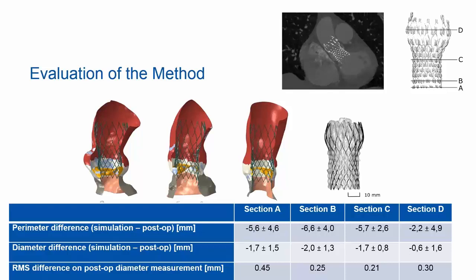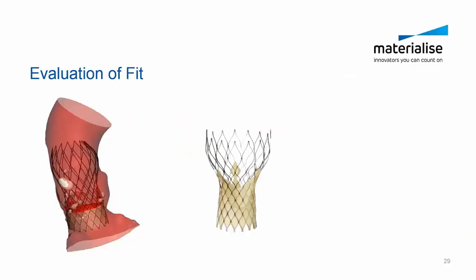What we then also would like to know is, can we, based on these simulations, give an estimation of how well the stent will perform? So can we derive some information on the regurgitation after the implantation? We did it by adding to the metal frame the sealing skirt.